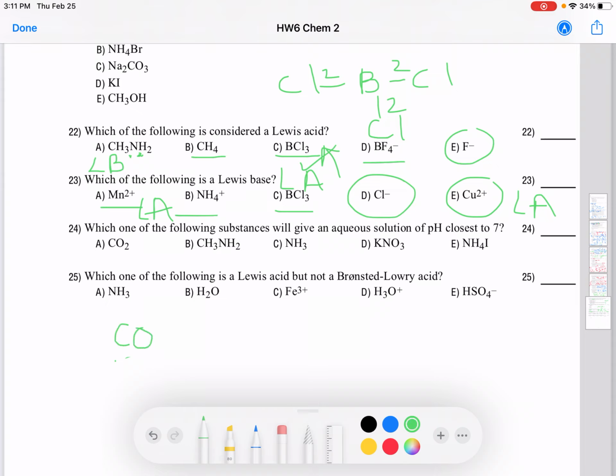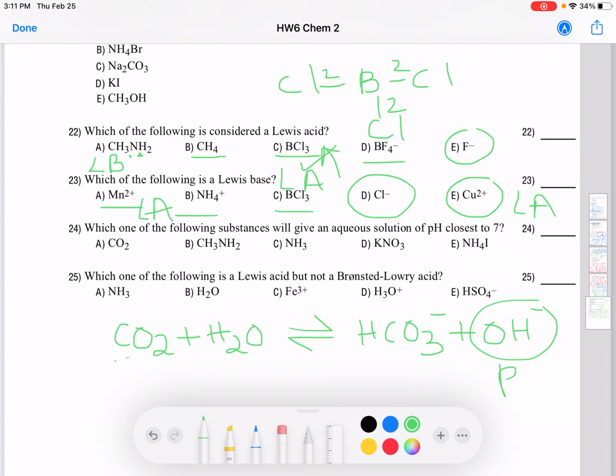Carbon dioxide with water. Carbon dioxide can react with water to give you hydrogen carbonate and hydroxide ions.